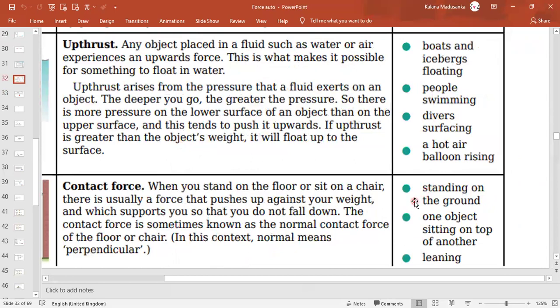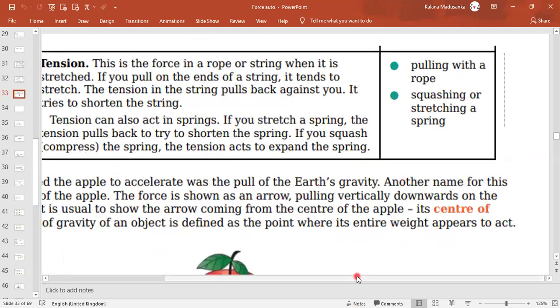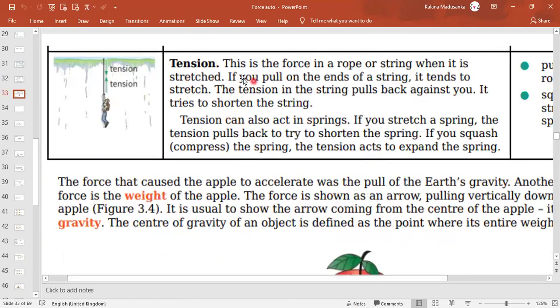As applications: standing on the ground, one object sitting on top of another, and when you are leaning. Then, if you have used any kind of string or rope, the name of the force becomes tension. In strings or ropes, we do not say forces, we just say tensions.